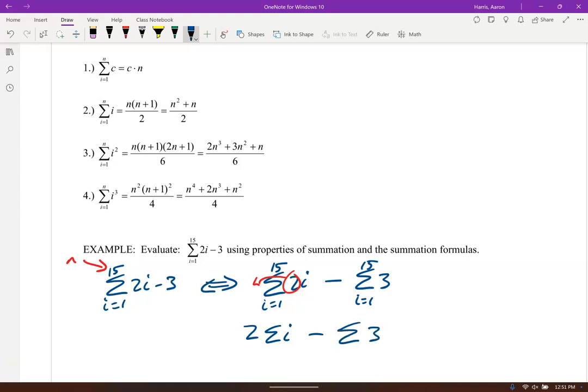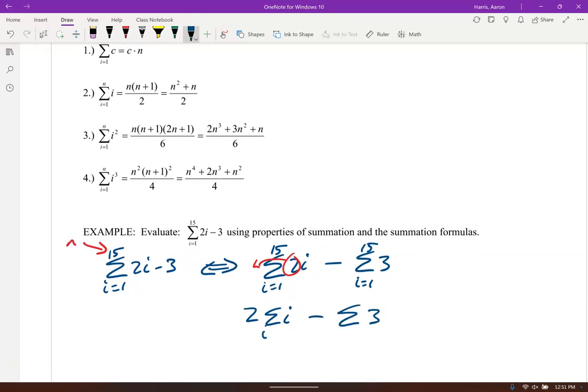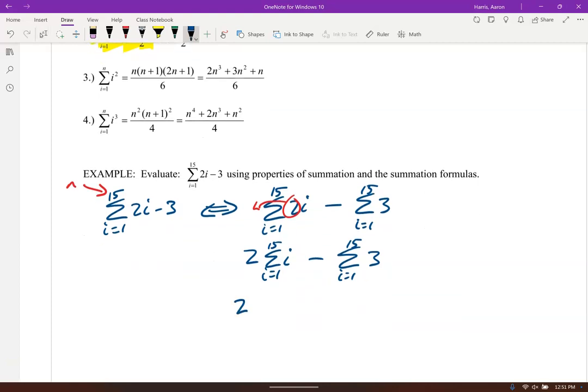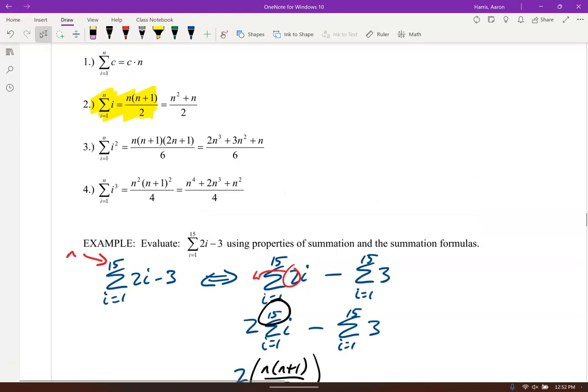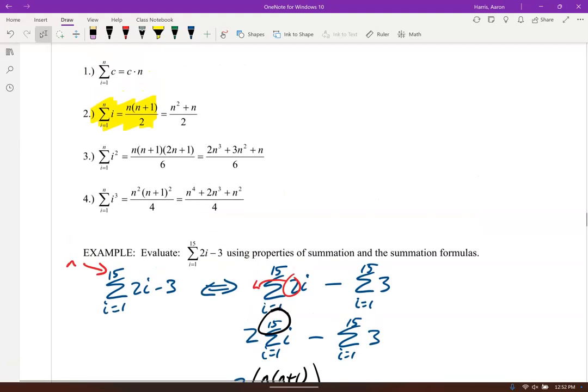minus the summation of 3. Okay, and these are i being 1 to 15. Now I'm going to say this i is n plus 1. So I've got 2, and then the formula n times n plus 1 all over 2. But remember, n is 15, so I will put in the 15 for that. Minus 3, a constant. So I'm going to be using this one right there.